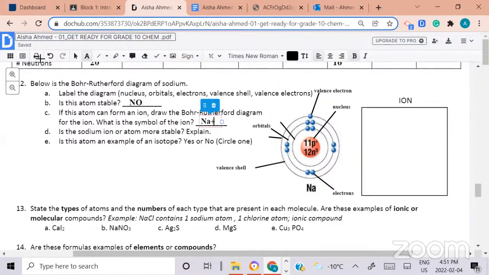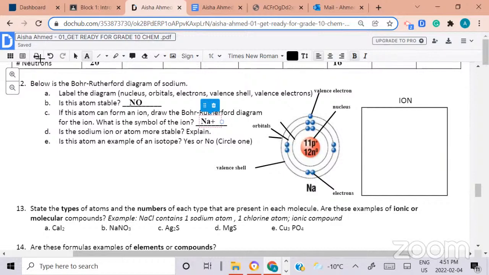In order to form an ion, the atom is going to become more stable. Originally Na has 11 protons and 11 electrons, but in its ionic form, it would have 11 protons and 10 electrons. So 8 will be the full valence shell, and 2 will be from the first orbital, which has 2 electrons.